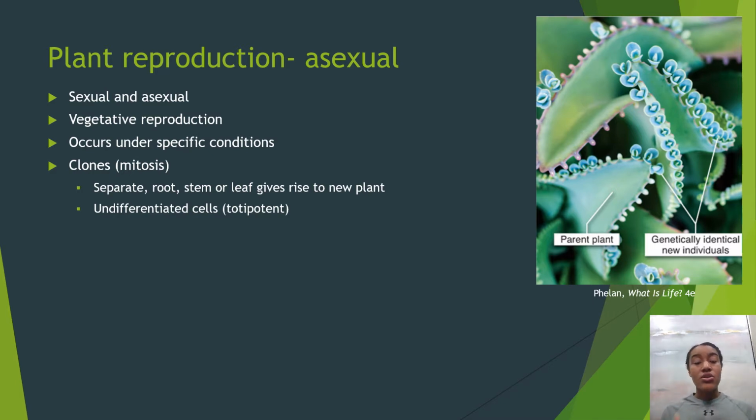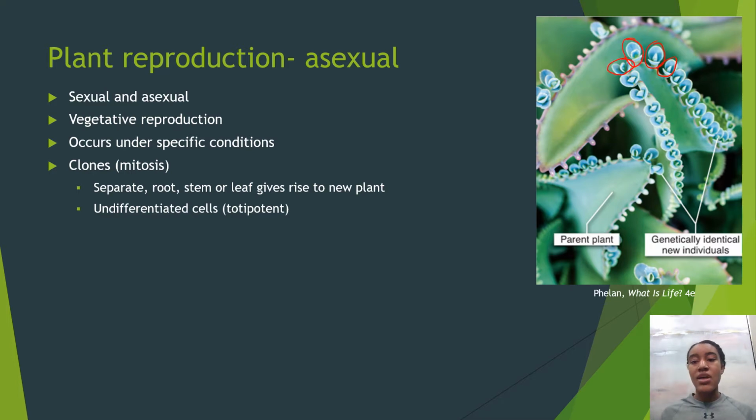And you can get clones from clippings. You can get clones from essentially small pieces of the plant. They can be from the roots, the stems, or the leaves, and that can give rise to a new plant. So using this image as an example, this plant has all these little buds on the ends of its leaves.